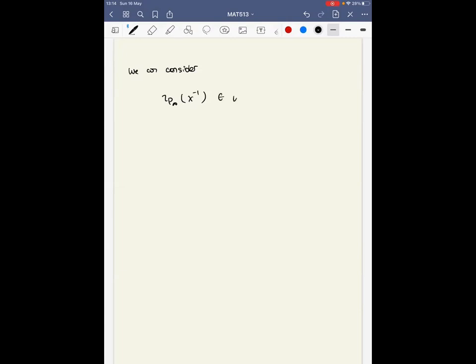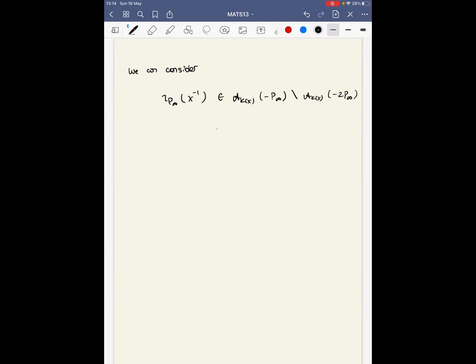And this adele lies in the adele space of minus p infinity, but it is not an element of the space of the divisor 2 p infinity.